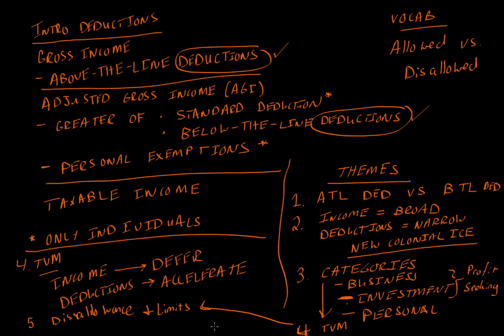There are special rules you have to consider even though they're allowed. So the idea here is there's lots of interplay, lots of puzzle pieces that go into this. I hope that this general introduction to deductions, you always come back to this, because if you consider these themes, it will help you enormously whenever you're learning about deductions.